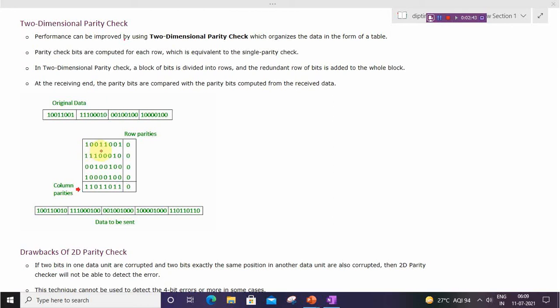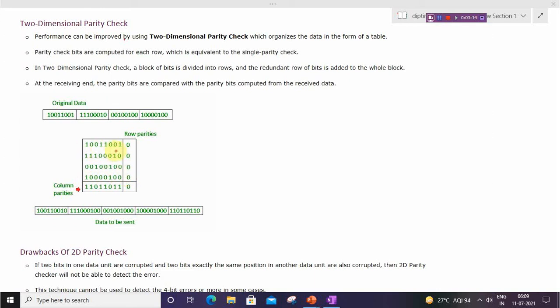In the first row there are four 1s, so the parity bit will be 0. In the second data unit there are also four 1s and the parity bit will be 0. In the third data unit there are two 1s, an even number of 1s, so the parity bit will be 0. In the fourth data unit there are also two 1s, so the parity bit will be 0.